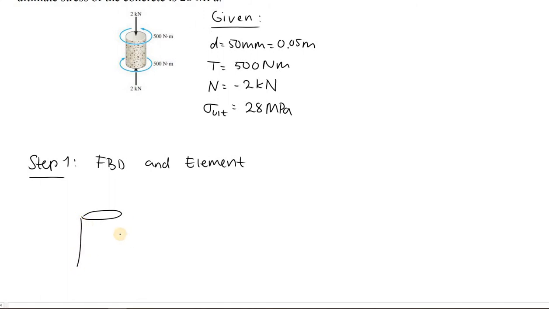So our cylinder, we have our compressive force, 2 kilonewtons. We also have been given the torque, 500 newton meters, on both sides of the element of the cylinder.